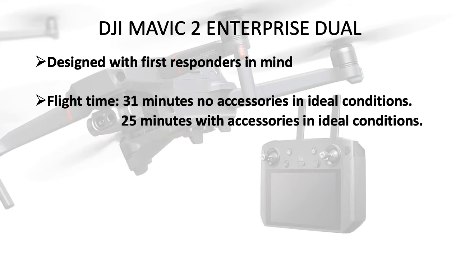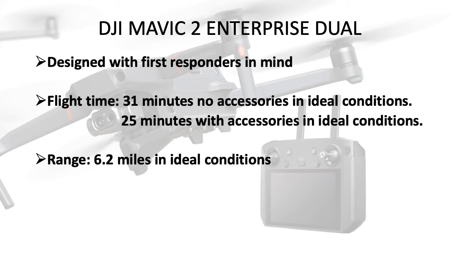Flight time is going to be 31 minutes with no accessories and 25 minutes with accessories attached to it. This is going to be in ideal conditions. We're battling weather, wind, temperature, and also the way we fly it is going to impact the flight time. In real life, we're probably looking at more of 17 to 25 minutes, depending on how we're flying the drone.